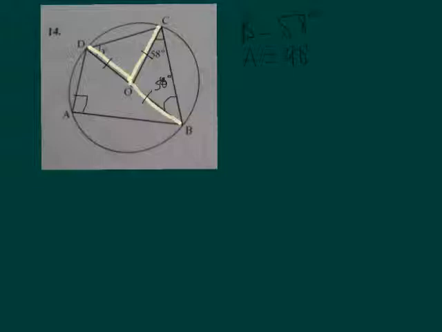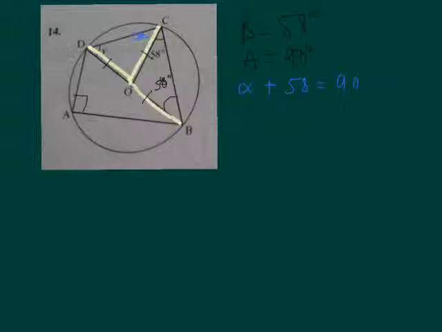If this here, let me get my pointer, this here was a semicircle, then that there too must be a semicircle. So I'm going to now write in the angle there, little a, actually let's call it alpha instead. So alpha plus 58 has got to be equal to 90 degrees.